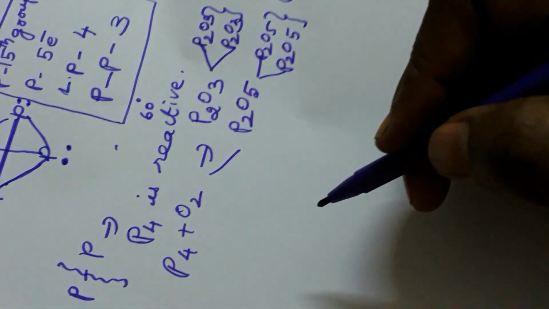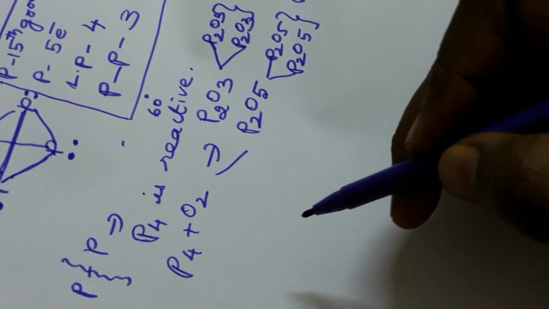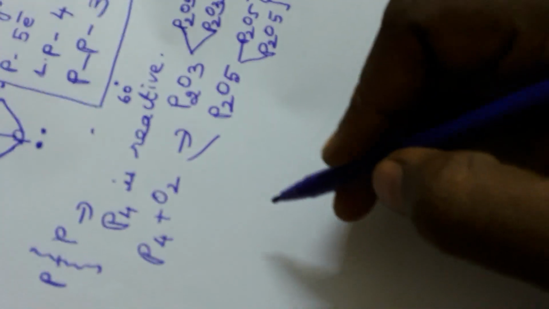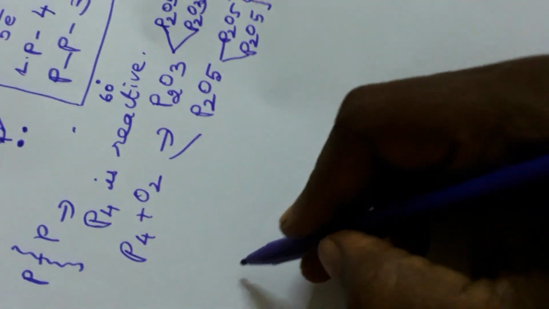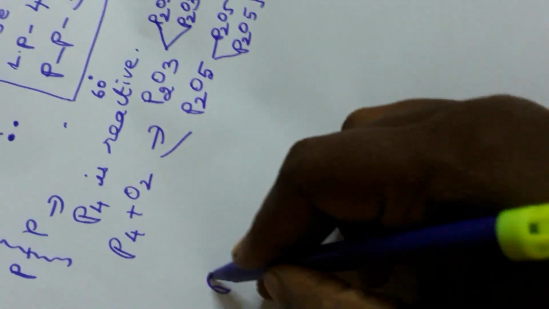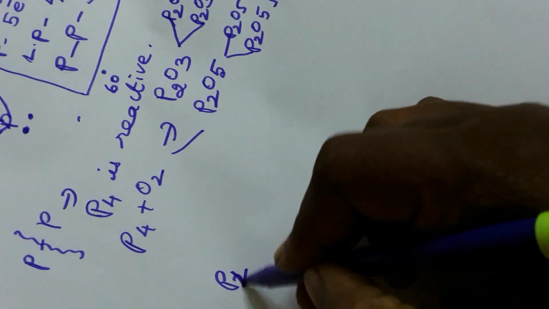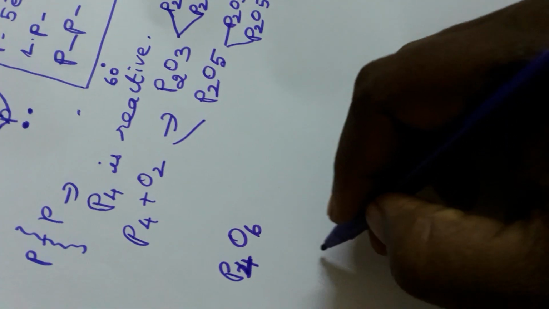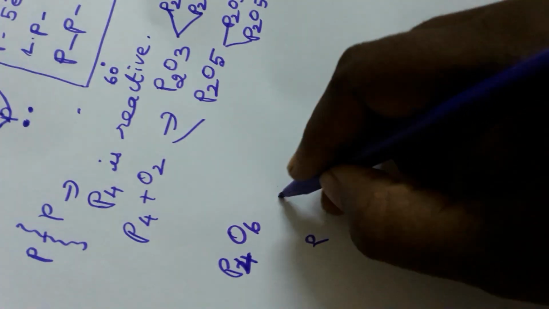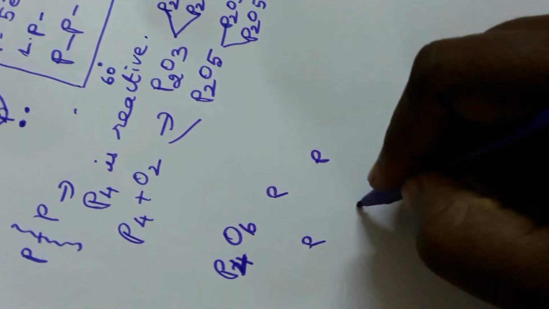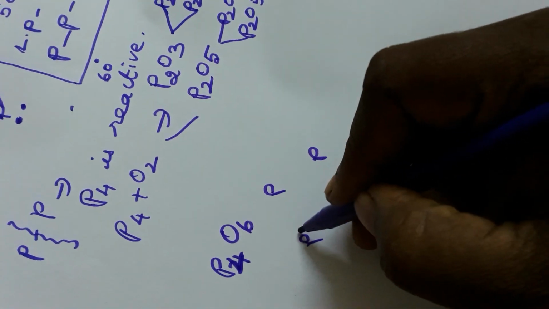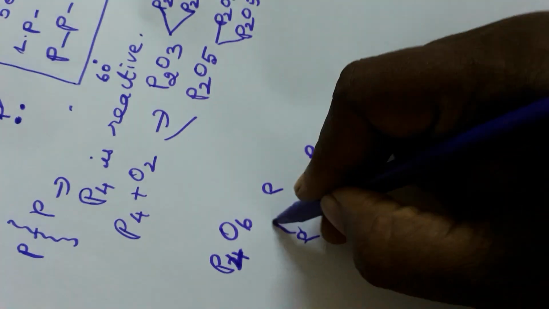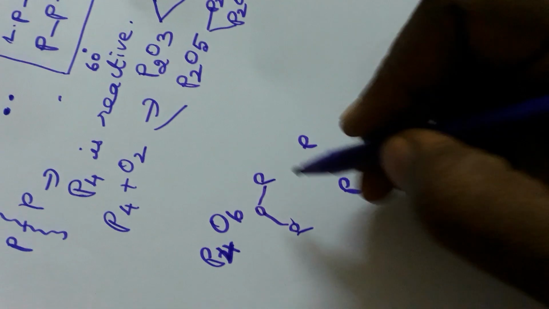Now let us discuss how to draw the structure of phosphorus oxide. First let us draw the structure of P4O6. Very simple. You have the phosphorus connection, 4 phosphorus atoms are present. Instead of the direct phosphorus connection, you have to put 1 oxygen in the middle, that's all.